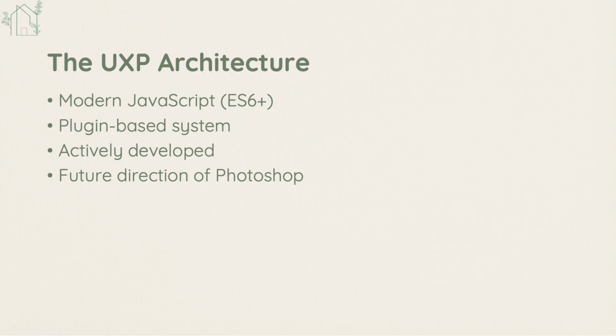It enables JavaScript, HTML and CSS-based plugins to directly interact with native application APIs using a V8 JavaScript engine, providing faster rendering, smaller footprint and native UI via Spectrum components.